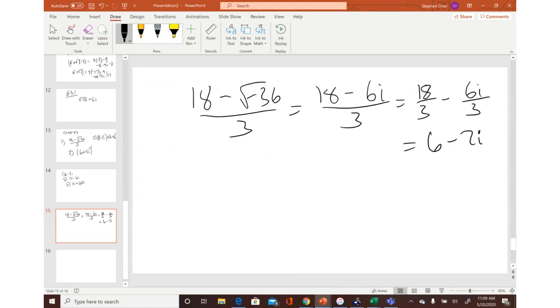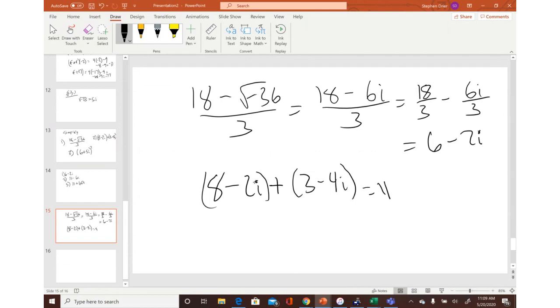Now, for number 2, 8 minus 2i plus 3 minus 4i is 8 plus 3 is 11.